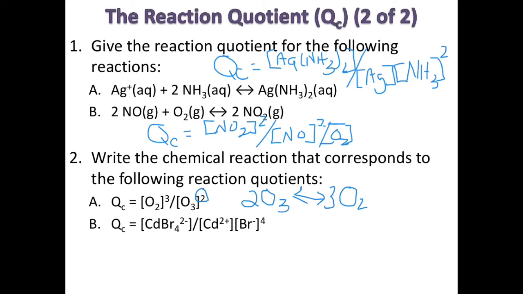For reaction B, the reactants are cadmium 2 plus and 4 bromides, which make this cadmium bromide complex.